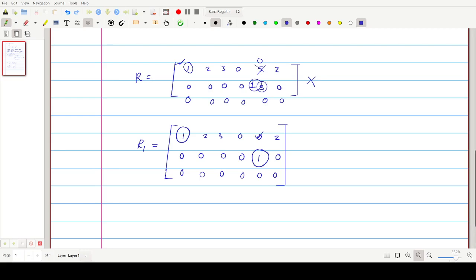Here we have 0, here we have 0, here these two quantities are 0, okay. So this is the requirement. We can say that R1 is a row reduced echelon matrix, with the first non-zero row's leading entry in the first column, and the second's in the fifth column, okay.